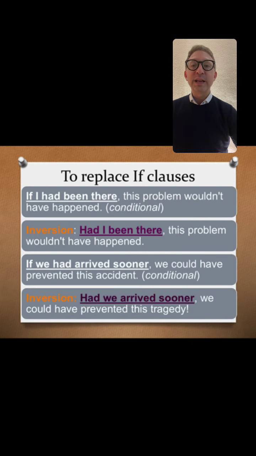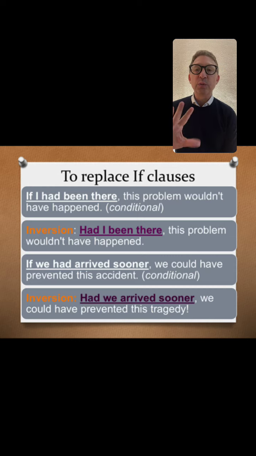All right, let's take a look at the next way, and that is to replace an if conditional clause. So if I had been there is the traditional way we use an if clause. This problem wouldn't have happened. That's a conditional. But if we want to invert that, we delete if and then we can invert the order.